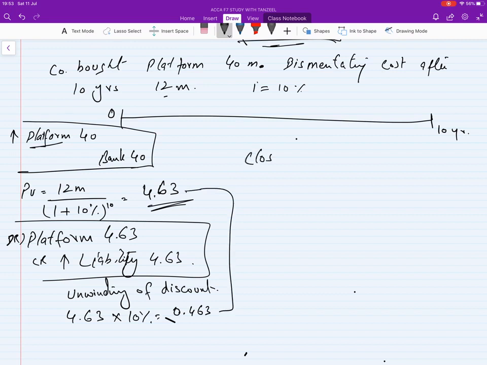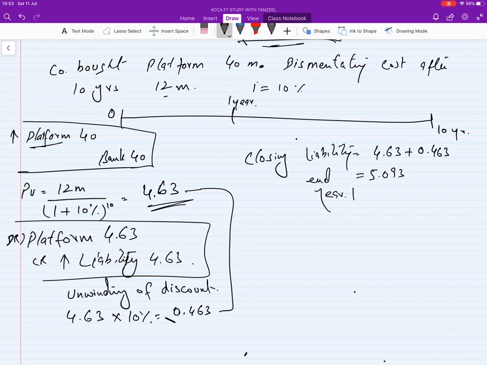So the closing liability would be 4.63 plus 0.463, which is 5.093 at the end of year 1. So this is going to be your expense.